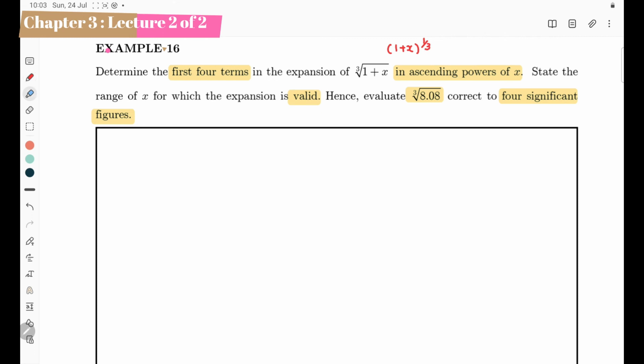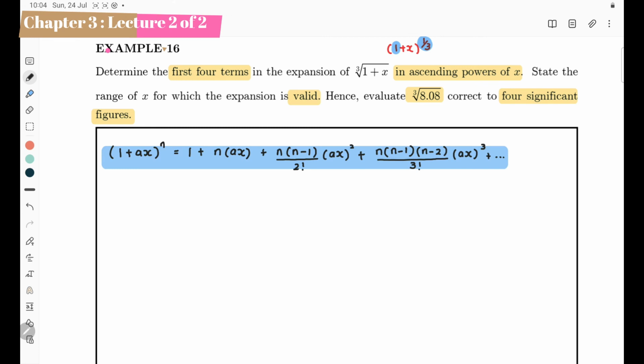And note that the power is a fraction and we have 1 in our bracket. So now we can simply use this formula to get 1 plus x to power 1/3 equals to 1 plus 1/3 times x plus 1/3 times (1/3 minus 1) divided by 2 factorial times x squared.